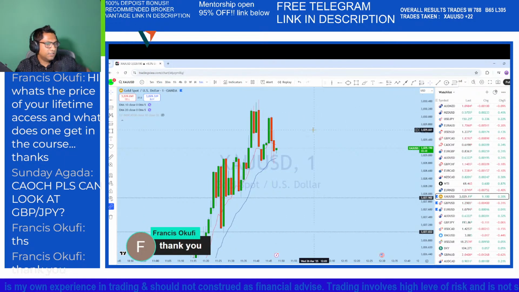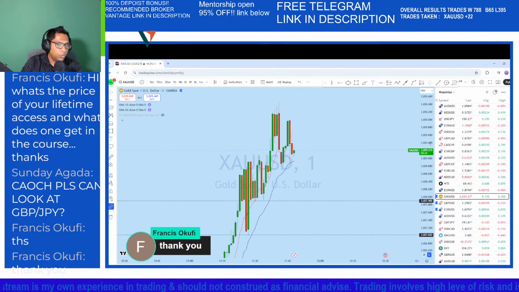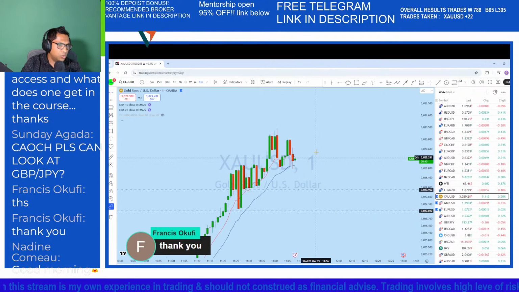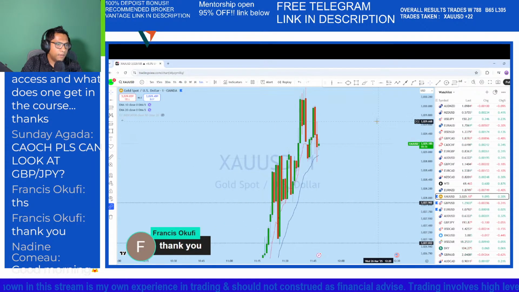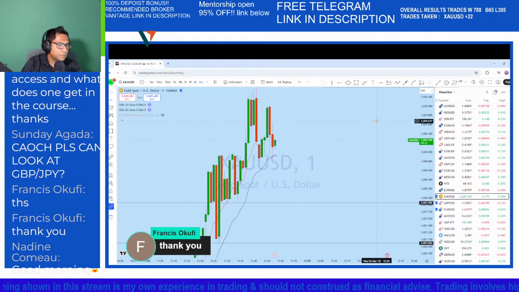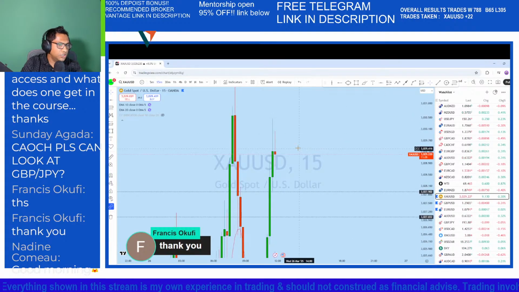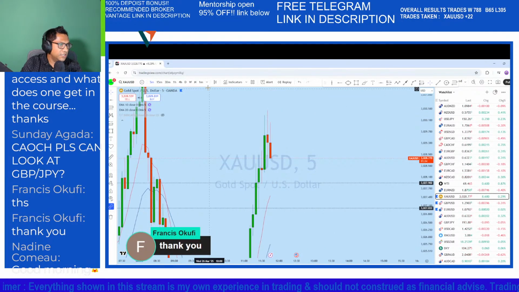You can see there is a long wick here, and with that long wick we can expect the market to break below. So there is a doji, and yeah, we see that breakup structure.